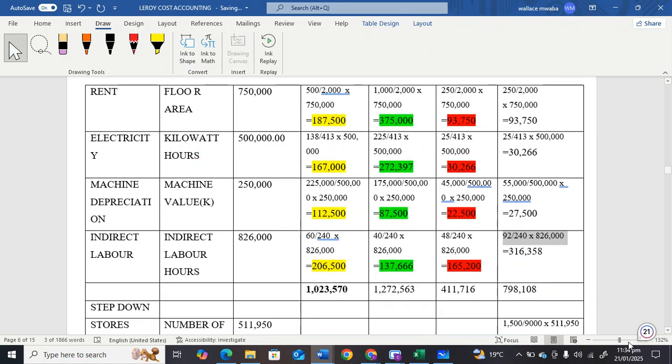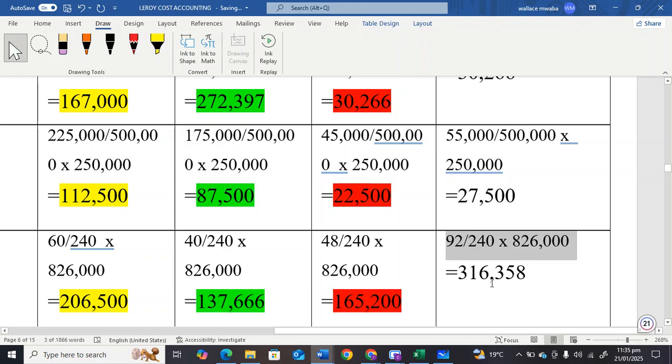What value are we getting here? 31,633. Okay. So now let's add.